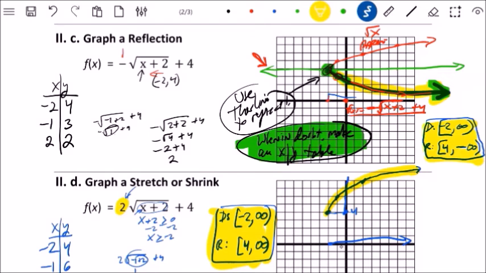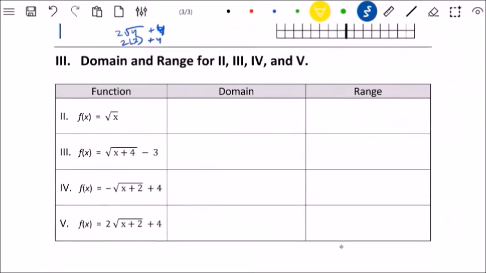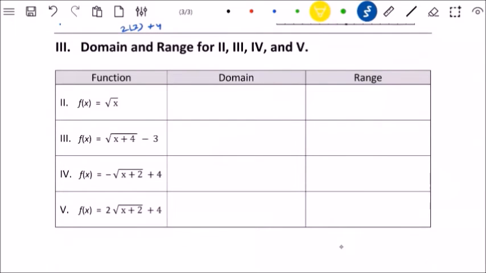Okay, so that's the domain and range for those. Let's look at the bottom of this page. Now let's compare the domain and the range for these. I'm going to do it both ways, where I'll show that this is x greater than or equal to 0, which means it's from 0 to infinity. I think I'll put those in black.